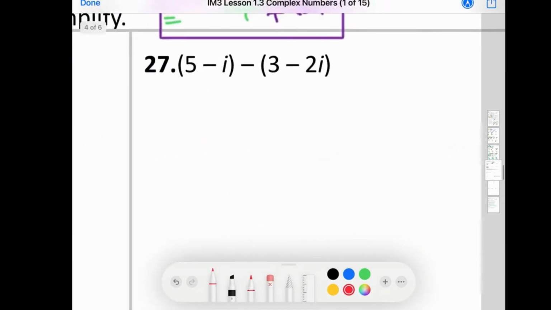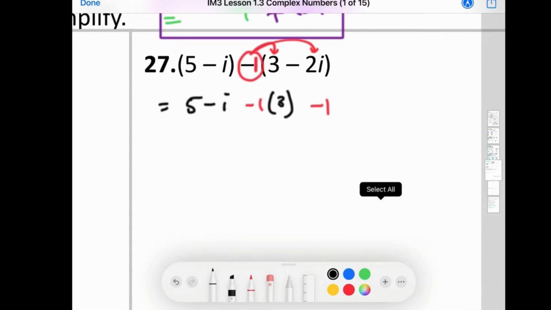Number 27. Again, this one has a negative sign, so you can think of it as a negative 1. So negative 1. Don't need the parentheses here because there's nothing to the outside or to the left of the parentheses. So 5 minus i. Negative 1 times 3 and negative 1 times negative 2i.